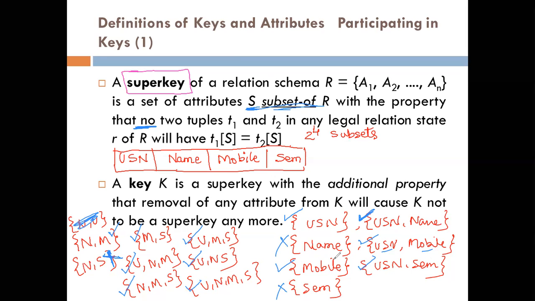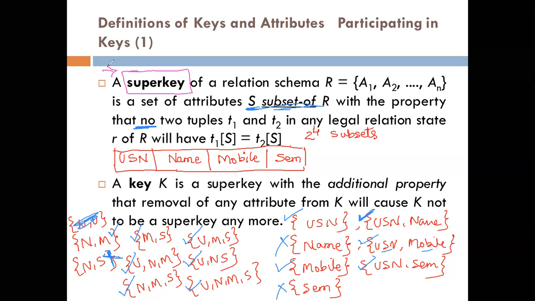That is the first definition, the concept that has to be cleared for you. Next, let us look at the definition of a key. A key K is a super key with the additional property that removal of any attribute from K will cause K not to be a super key anymore.